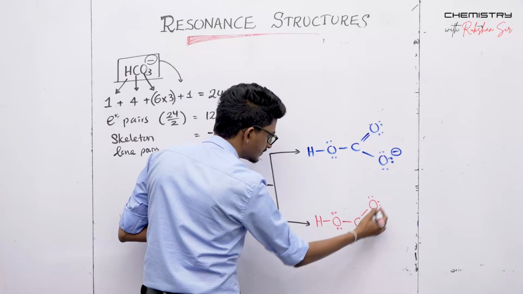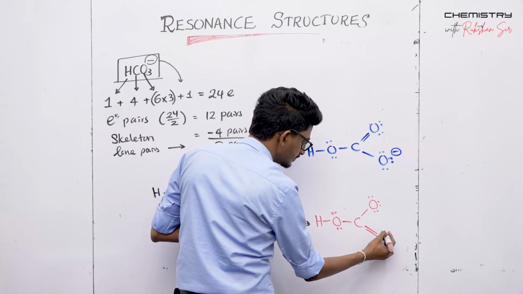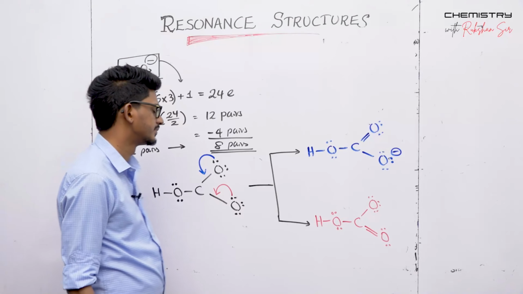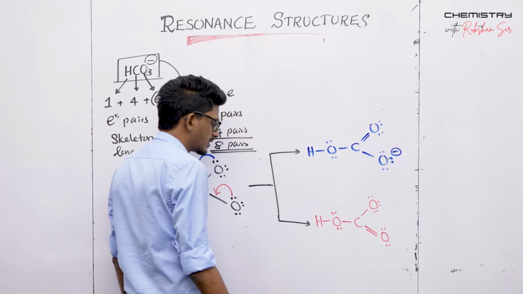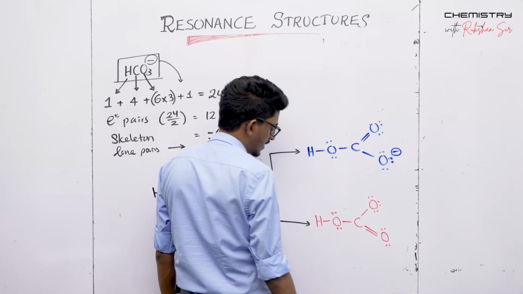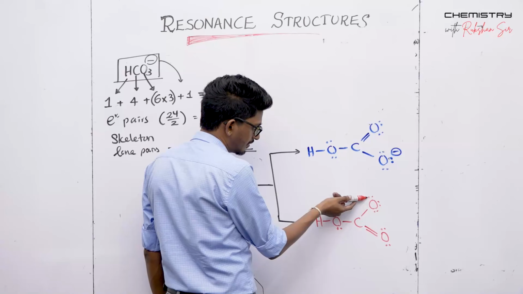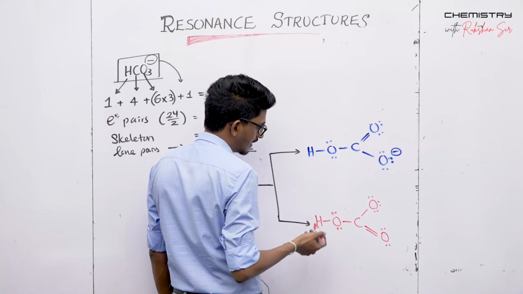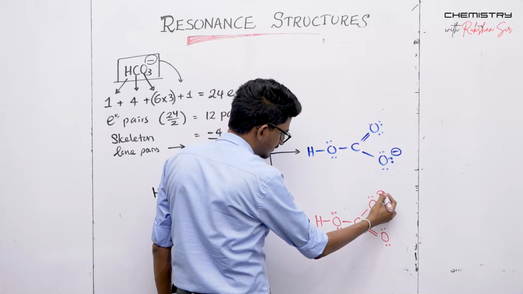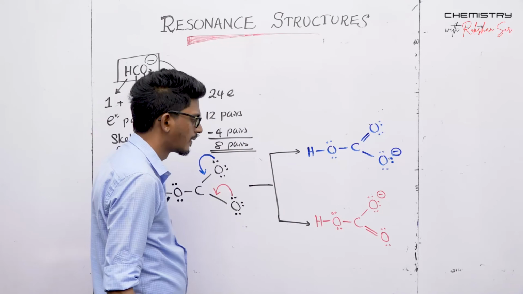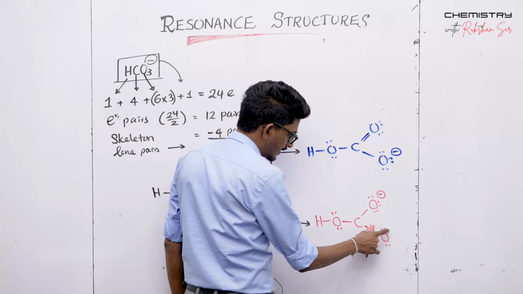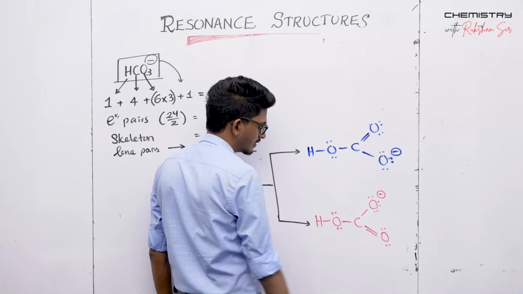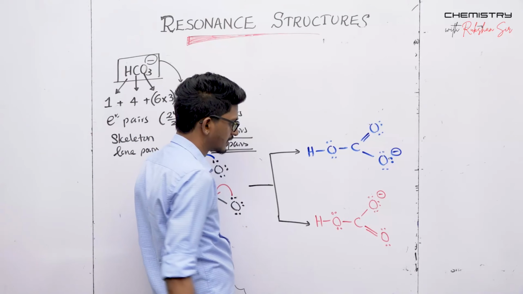Then you can allocate the charges on these atoms. For oxygens you should have 6 electrons, but this oxygen has 1, 2, 3, 4, 5, 6, 7. 6 should be there and 7 is there, so 6 minus 7 is minus 1. And these are carrying 6 electrons each, so no charges there. Carbon is also without a charge.